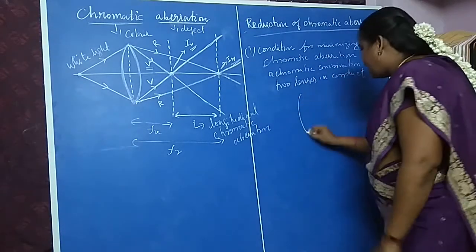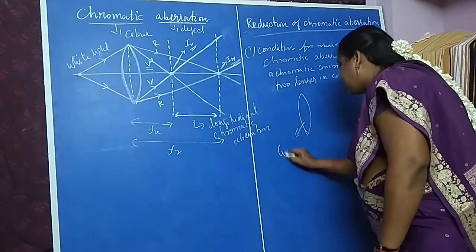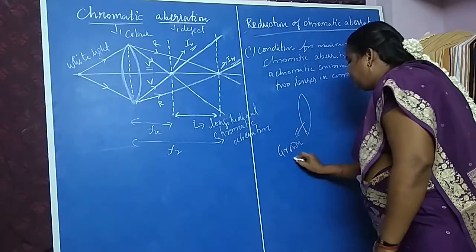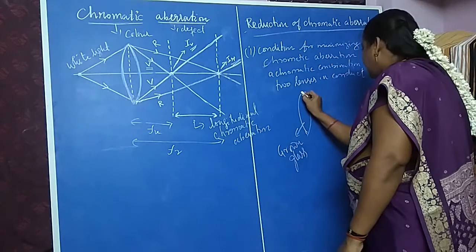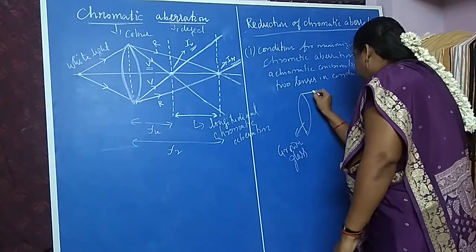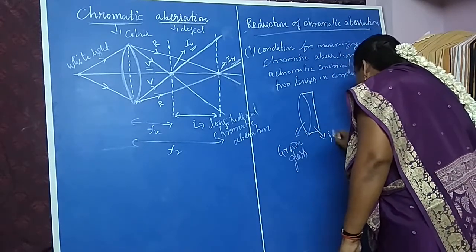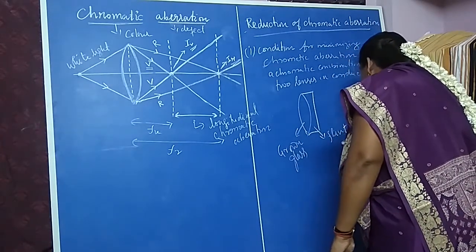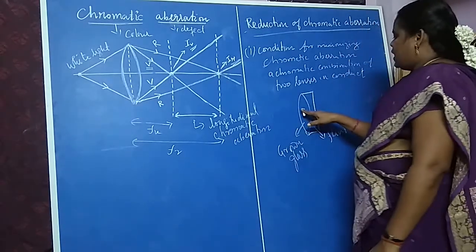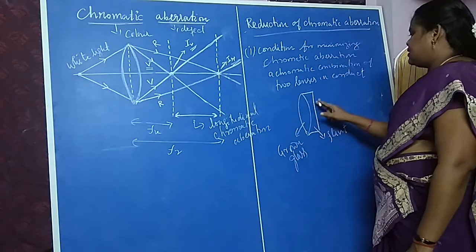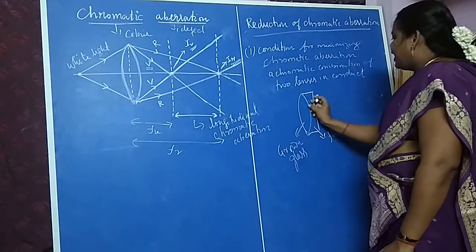Here we will take a biconvex lens made up of crown glass, and another lens made up of flint. These two lenses, biconvex lens and biconcave lens, are used in combination. They are in contact.